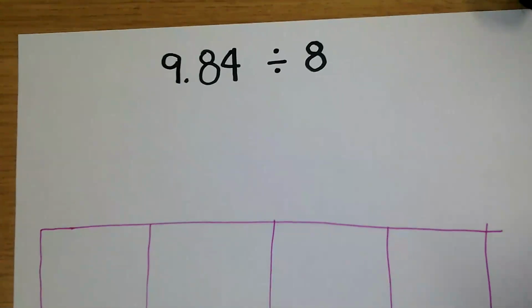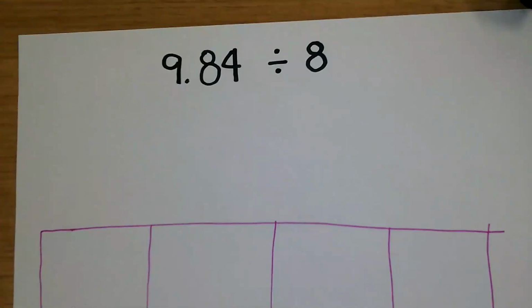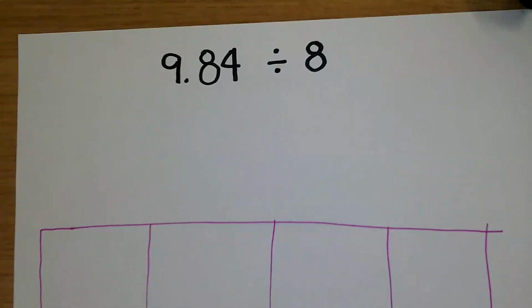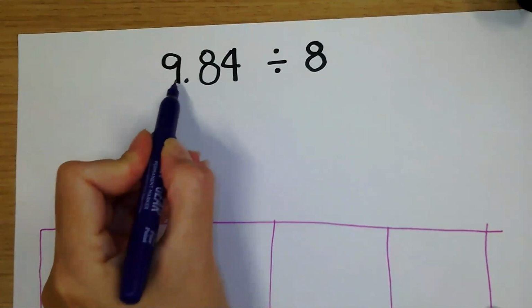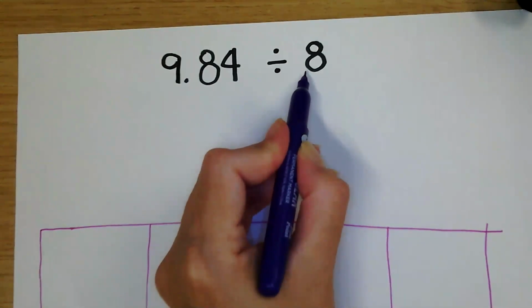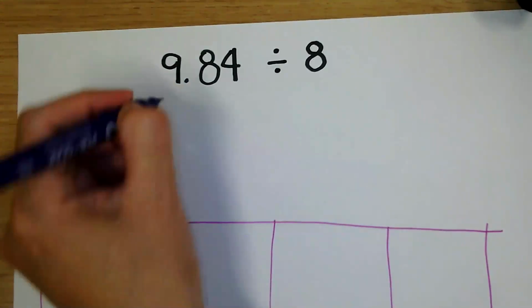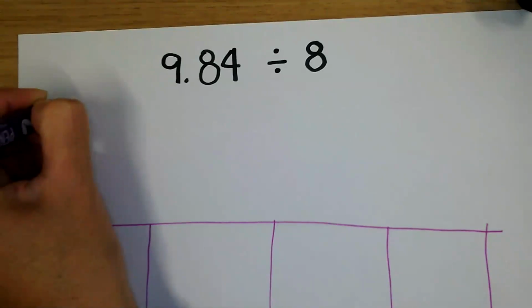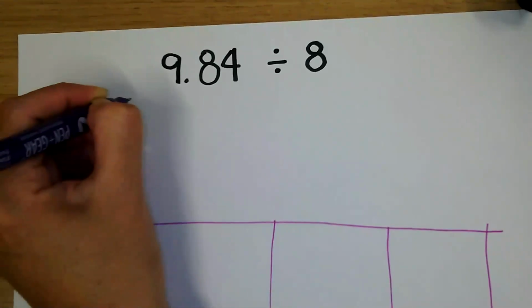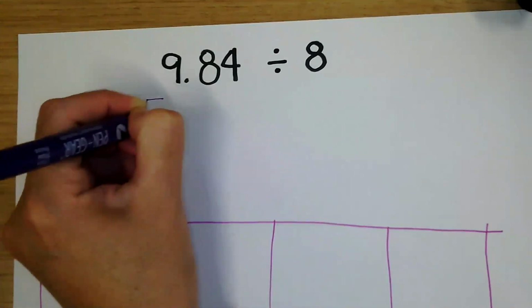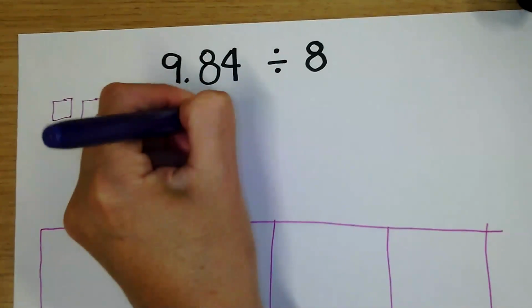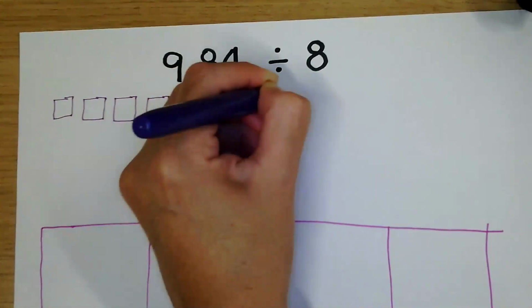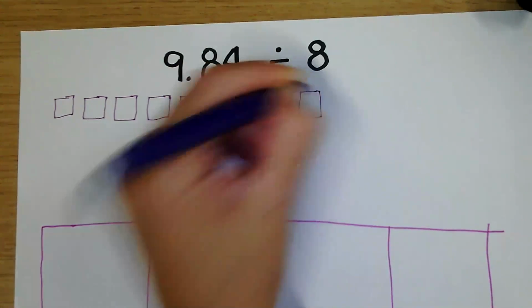If we have 9 wholes, can we divide 9 wholes by 8? Remember that the whole numbers we can represent with these squares: 1, 2, 3, 4, 5, 6, 7, 8, 9.